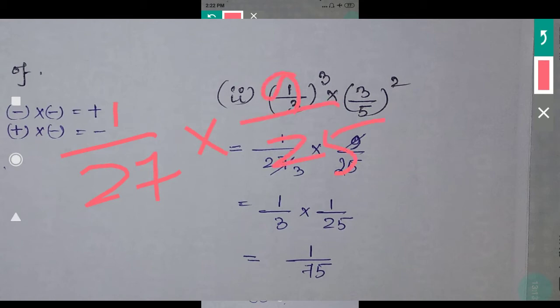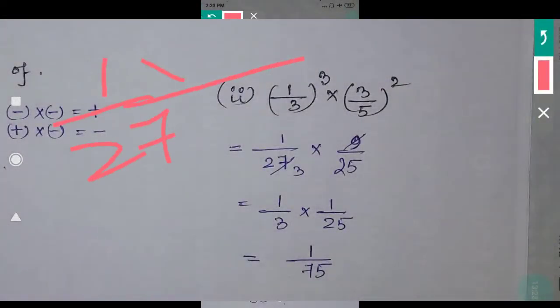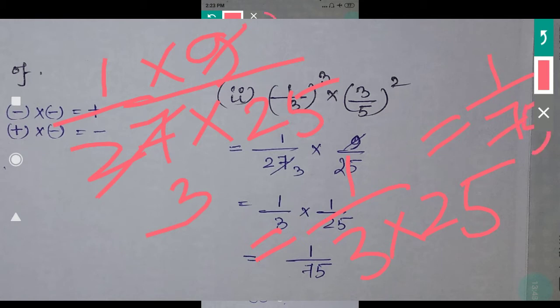Multiplication is there, so 1 and 9 are in the numerator, and 27 and 25 are in the denominator. I have multiplied the numerator part and the denominator part. So 9 3s are 27, cancellation I have done. So 1 by 3 into 25. 3 into 25 means how much? 75. So the answer will be 1 by 75.